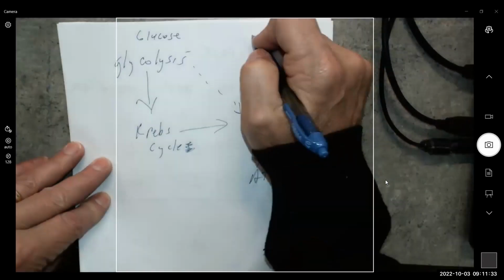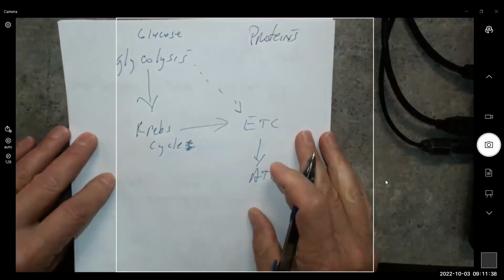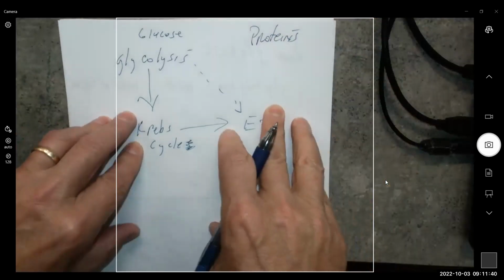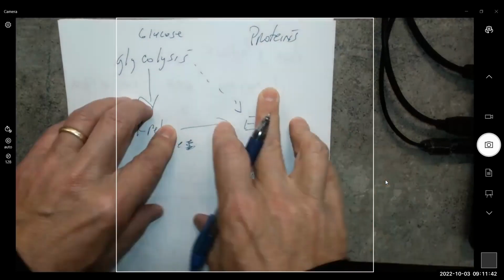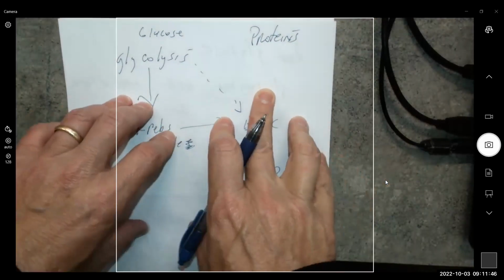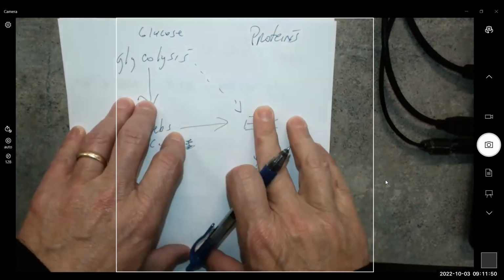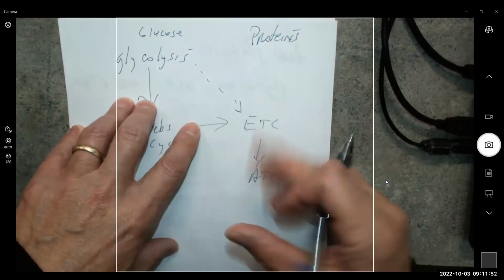What do we do with proteins? Proteins are polymers of what? What do you link together to make proteins? They end with acids. Thank you, amino acids.